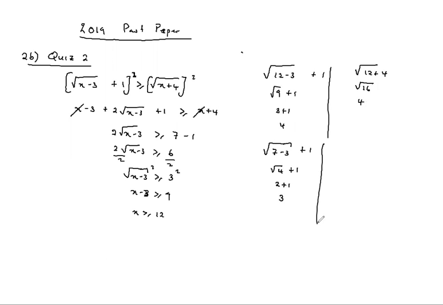Then 7 plus 4, which is 11. The square root of 9 is 3, meaning that the square root of 11 is bigger than 3. So it does not work for numbers less than 12. And so we can end here as our solution.